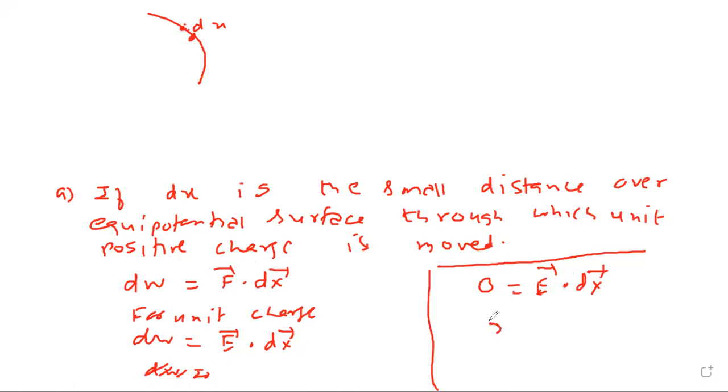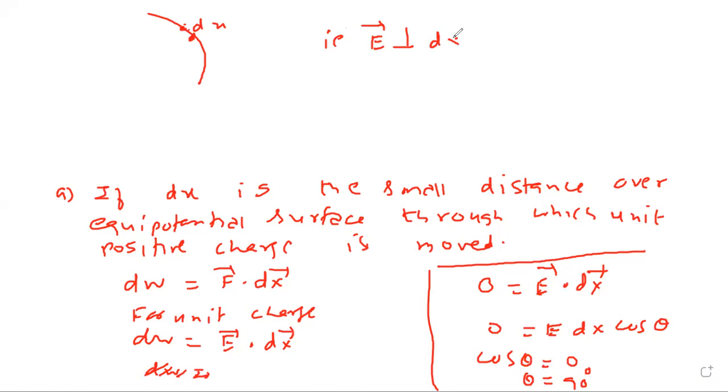So can I say therefore 0 is E dx cos theta? What will then be cos theta? 0. That means what is theta? 90 degree. Theta 90 degree means intensity E is perpendicular to displacement dx bar.